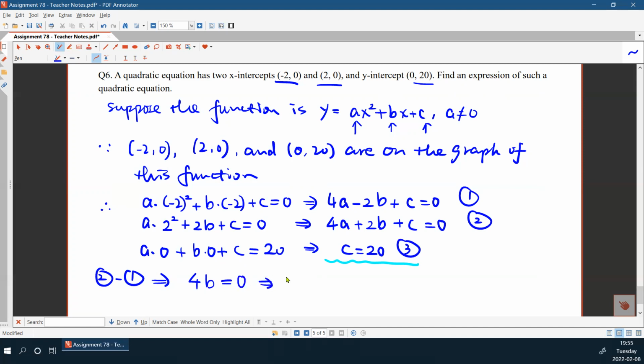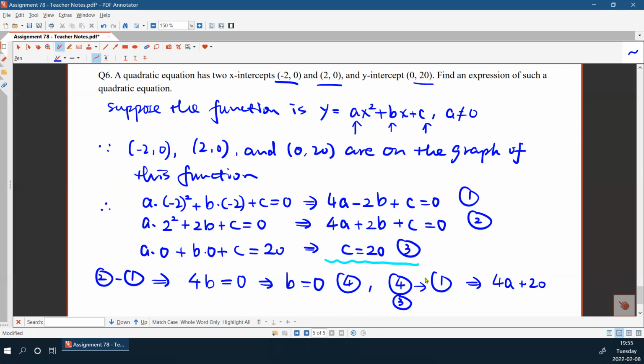So that means b is 0. Okay, so if b is 0, let's call this 4. Let's plug 4 into either 1 or 2, right? For example, if we plug it into equation 1, we'll get 4a minus 0 and then plus 20.